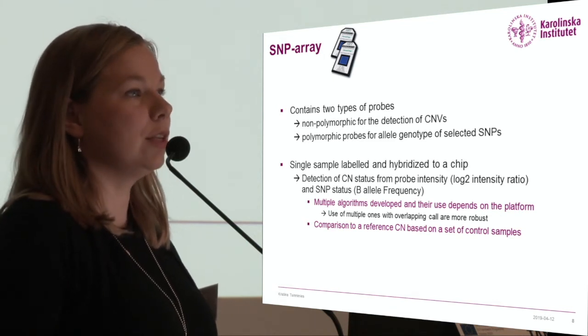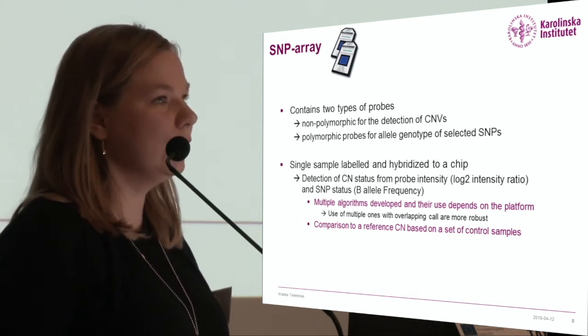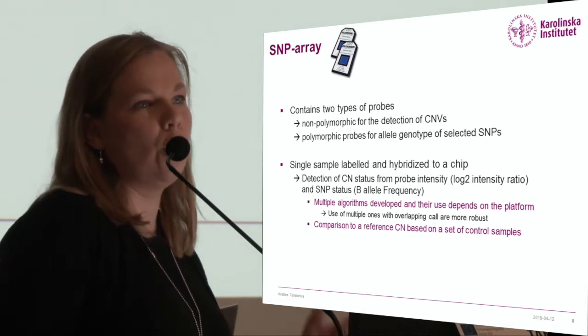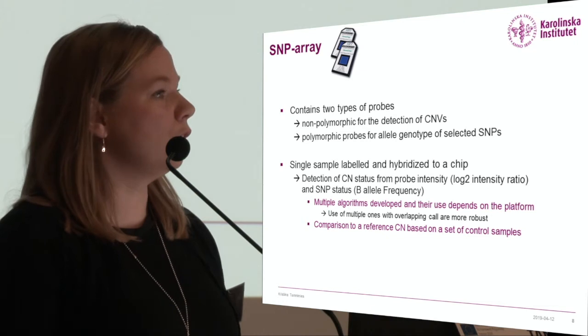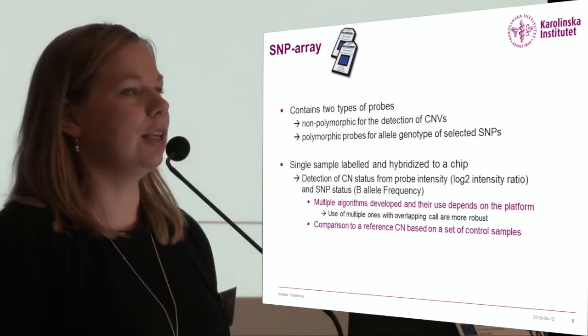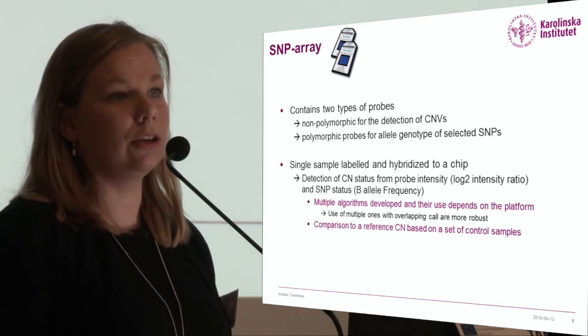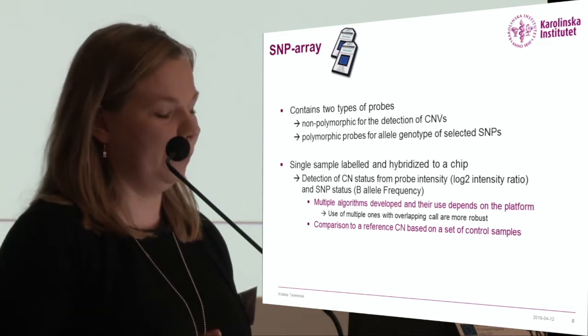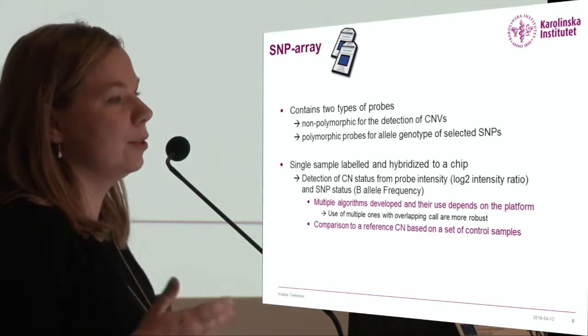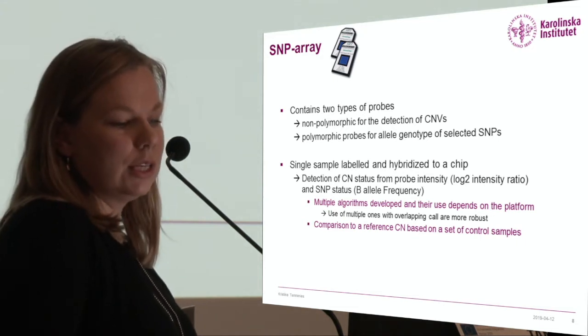But of course, because these are algorithms, they are not always correct. So it is beneficial to run multiple algorithms, because then you can compare: if 2 or 3 algorithms call the same variant, we can be more sure about it. That's good to keep in mind, especially if you're doing research in this.